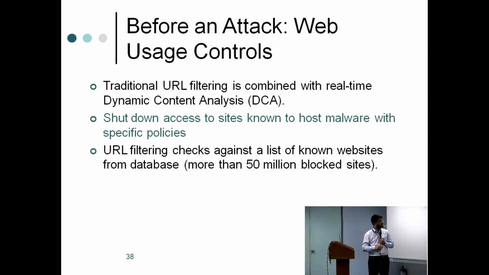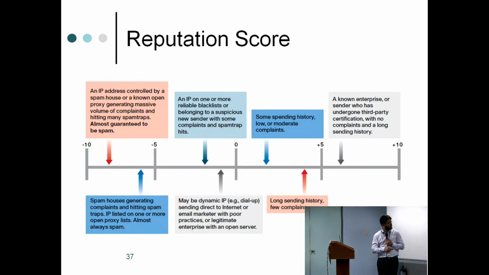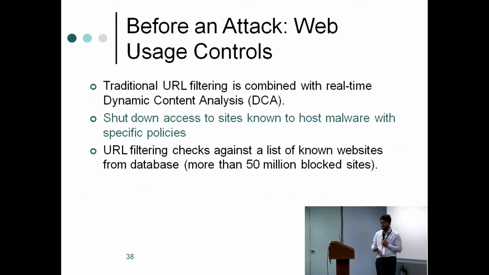We can also shut down access to the sites, and this basic URL filtering can be combined with content analysis as well. Content analysis doesn't mean that we have to look into every piece of content, but only for malicious. For example, if the reputation is a little bit negative, so it is on the edge of whether you can pass it or block it, that type of traffic can be passed on for content analysis to see whether it has malicious content.